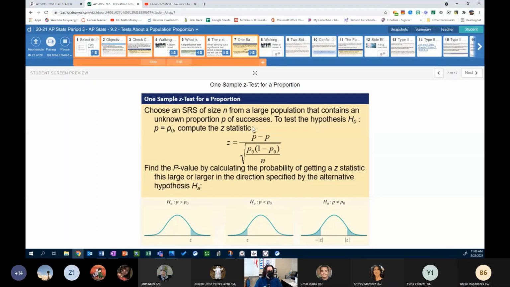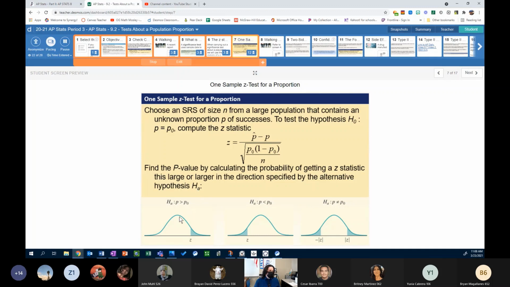To test the hypothesis, null hypothesis such that p equals p sub 0. Compute the z statistic, which is what we saw on the previous screen. Z equals p hat minus p divided by the square root of p sub 0 times 1 minus p sub 0 divided by n. Find the p value by calculating the probability of getting a z statistic this large or larger in the direction specified by the alternative hypothesis H sub a.